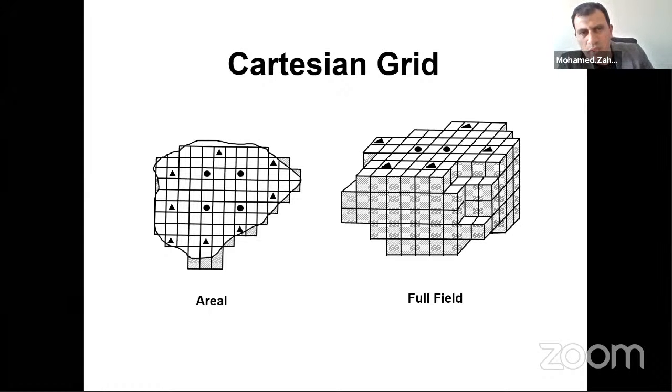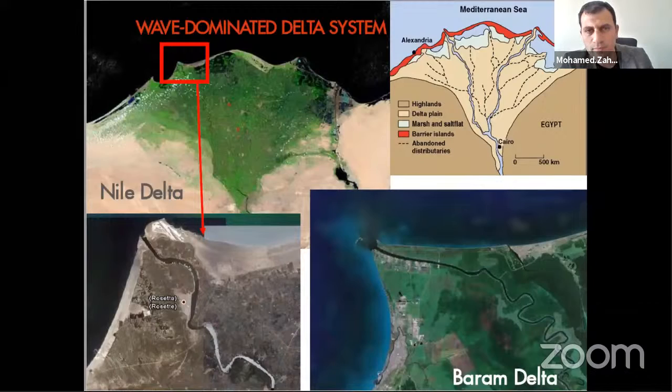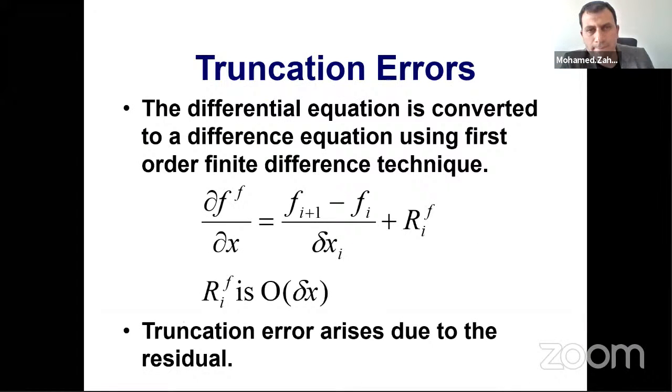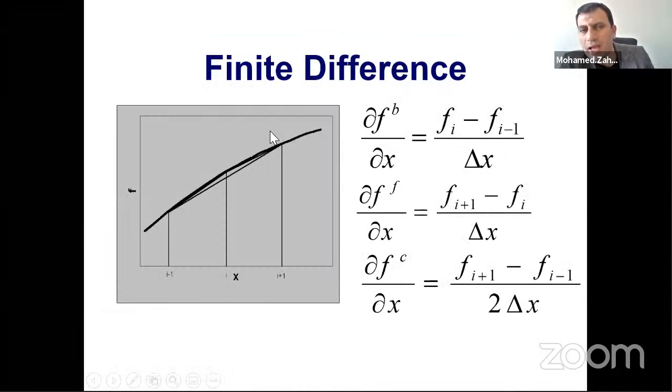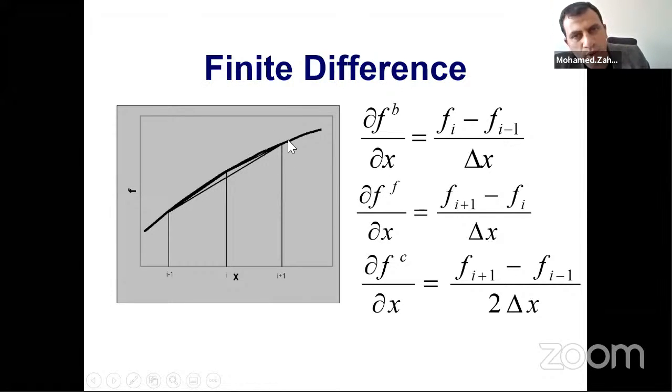You need to have grids, which means that, like I show you here on this plot, to solve the finite difference at any point, you need to have a point before and point after. That's why we call it finite difference.